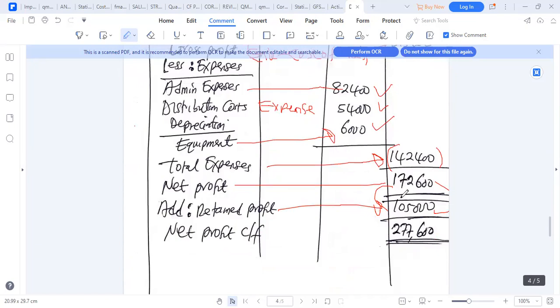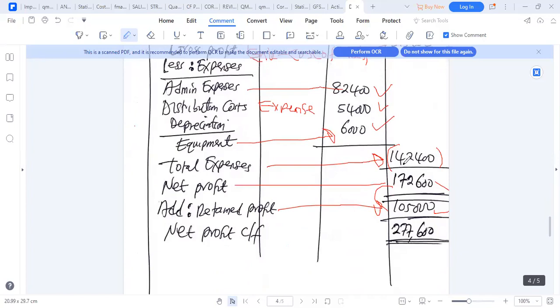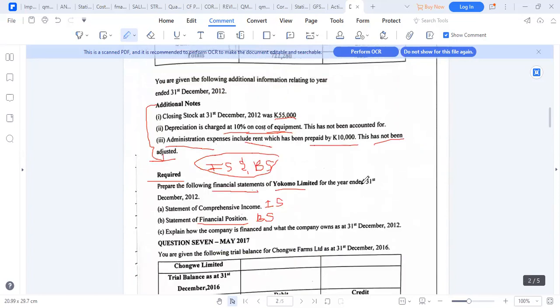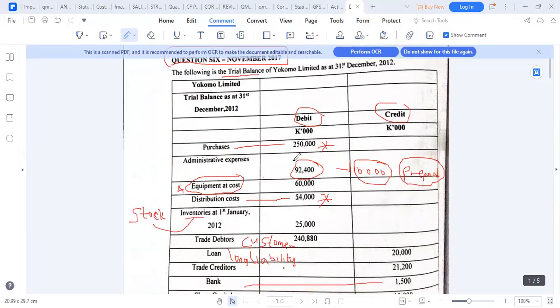This is 105,000 plus the profit that came in. We subtracted the total expenses from 315,000 and got 172,600. And then we added the retained profit, which we have shown you where it is in the trial balance. This trial balance came from the ledger accounts after they prepared the ledger.